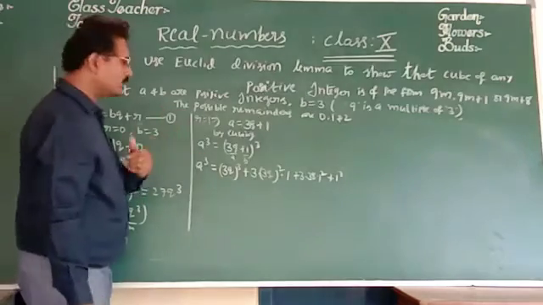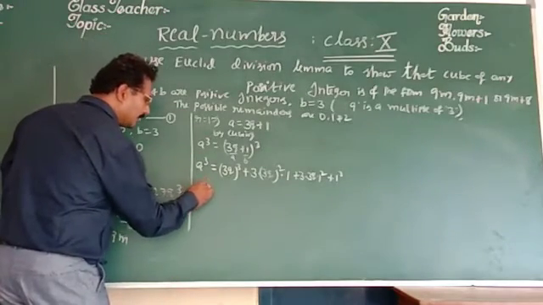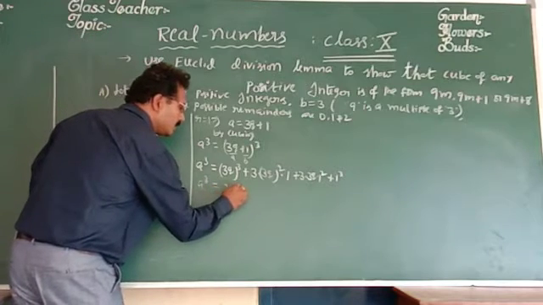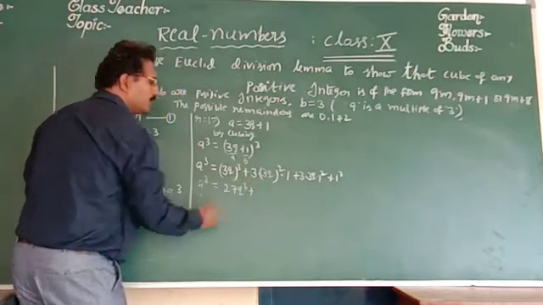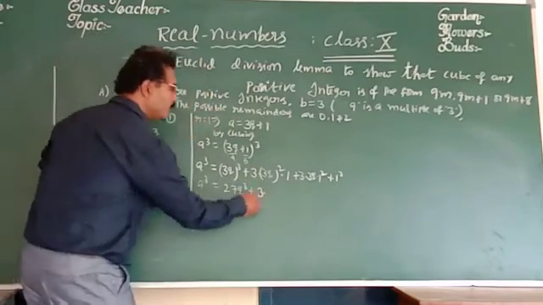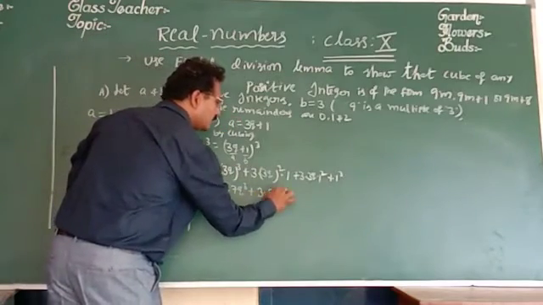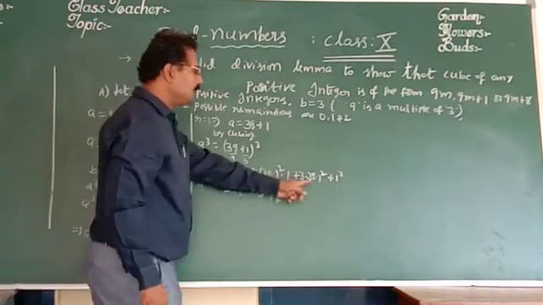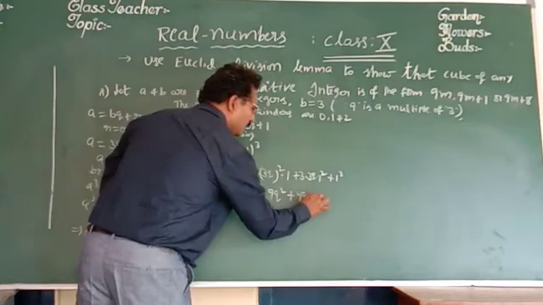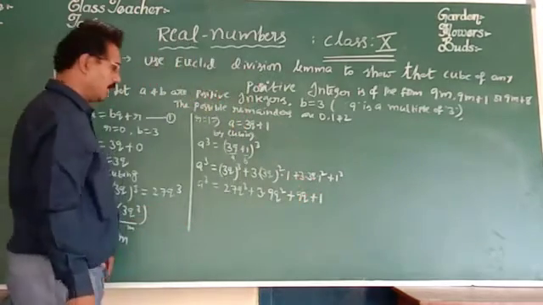Of course 1 cube is equal to 1. Now a cube is equal to 27q cube plus 3 into 9q square plus 3 into 3q, that is 9q, plus 1.